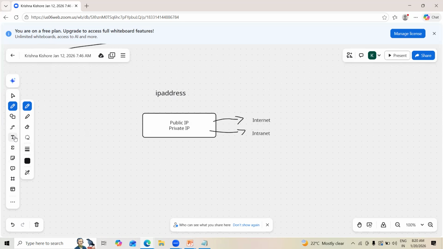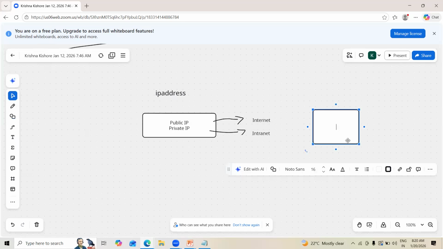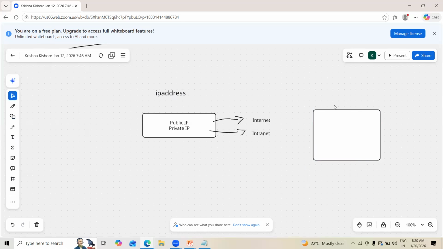For example, let's say this is my network, called VNet one.